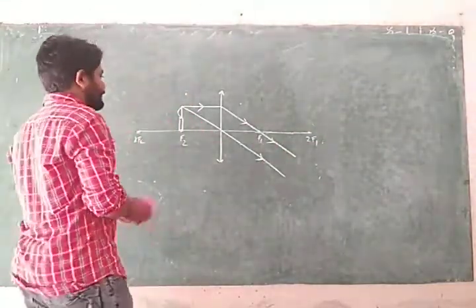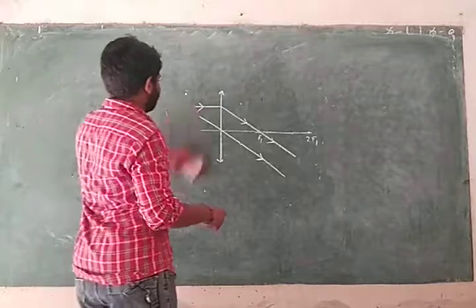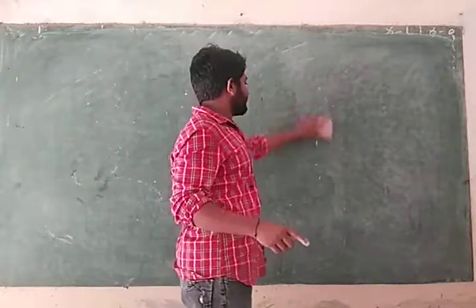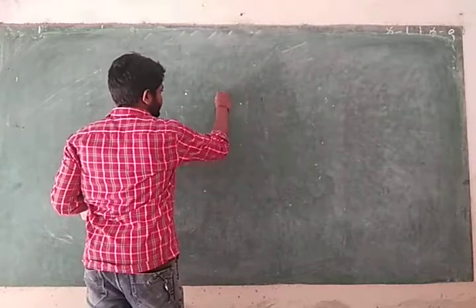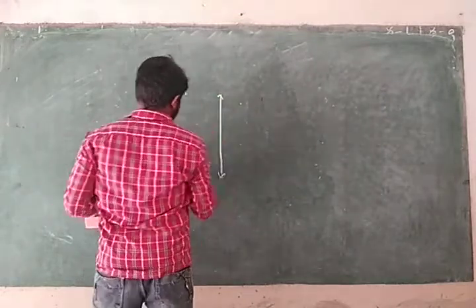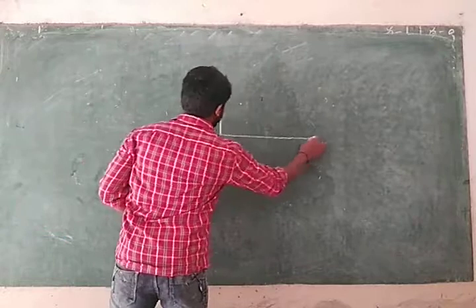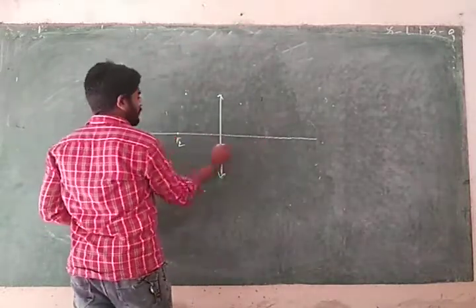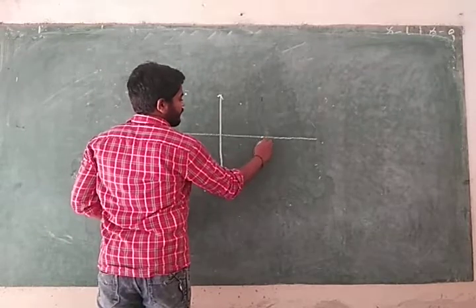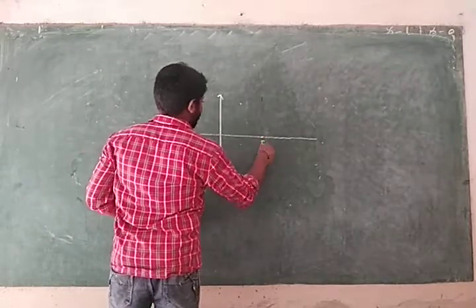And next, the last condition. It's very important. Its applications will be very important in human life. So let us see. Biconvex lens, F2 and F1.